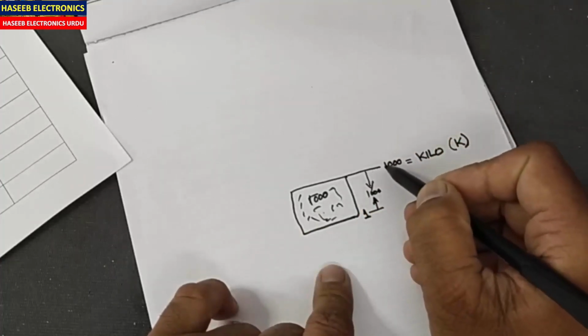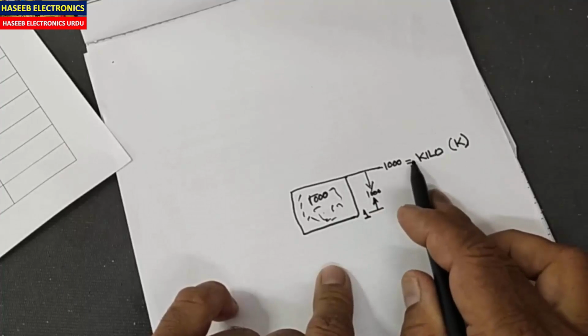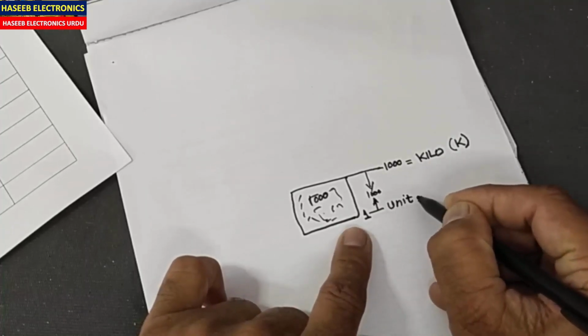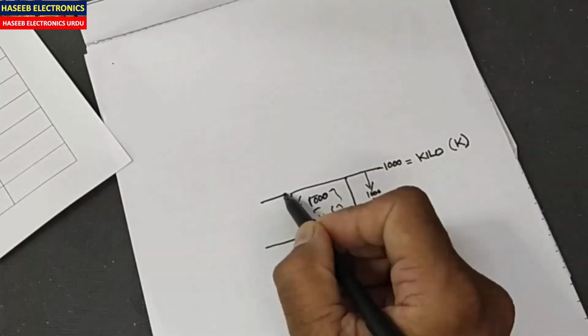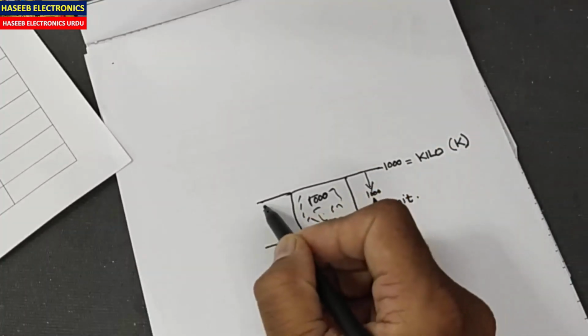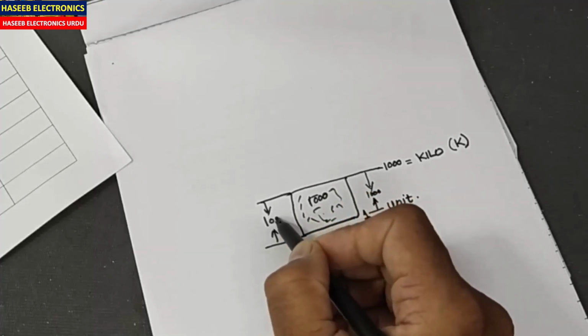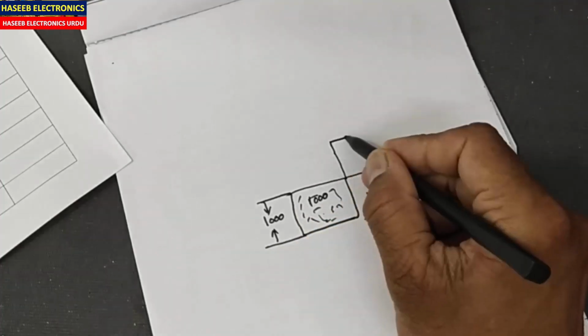Now this is the base level of 1K. This is the unit, and here we have 1 kilo. The power level from this point to this point is 1000.